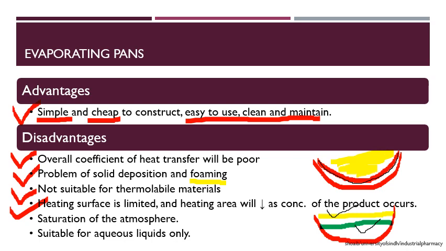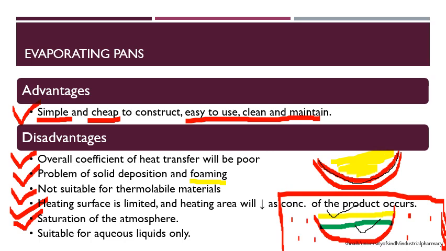Next is saturation of the atmosphere. As we are carrying out the evaporation in a specific room, for example this room, eventually the whole environment of the room will be saturated with that liquid.